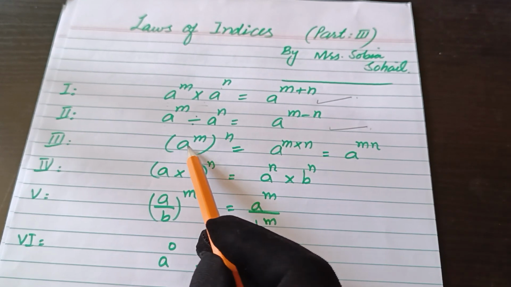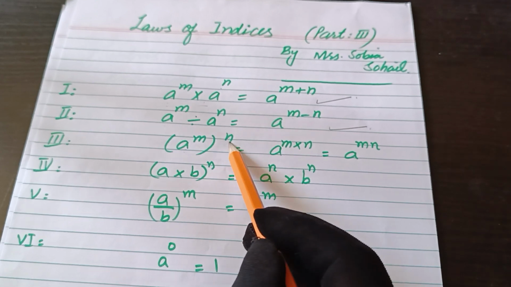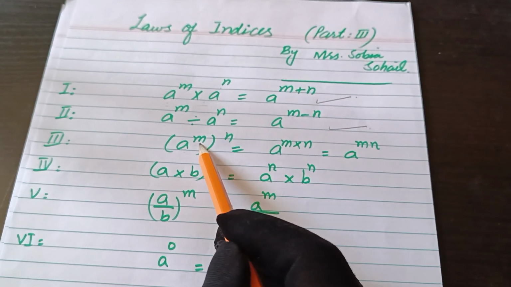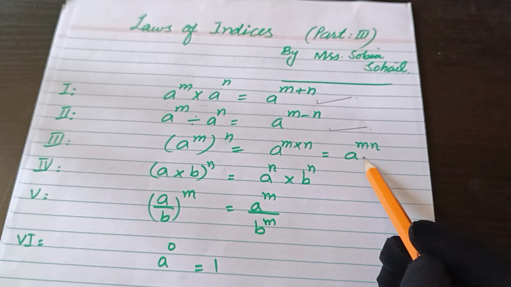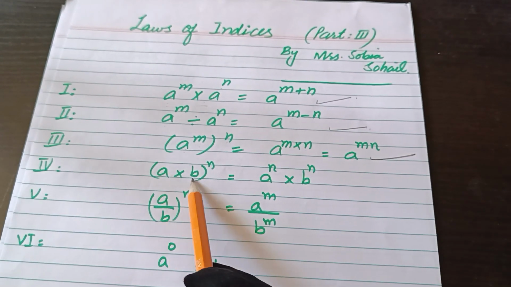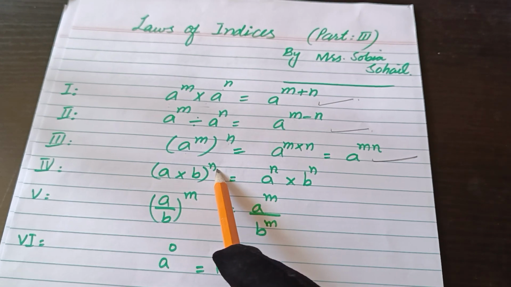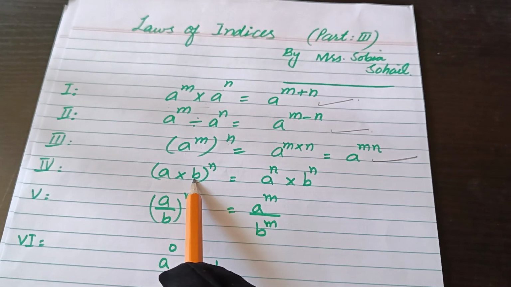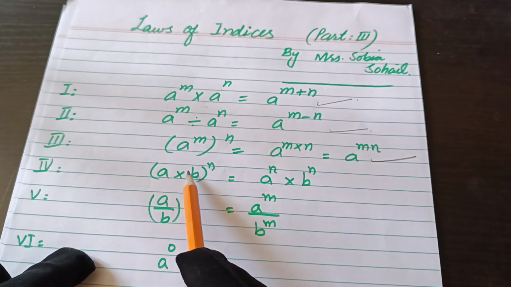And if a number already has an exponent and we are taking another exponent to it, the previous exponent and new exponent will multiply together. If two different numbers are multiplying and they are taken to one exponent, if they are normal numbers, you can multiply them, then take the power on both.